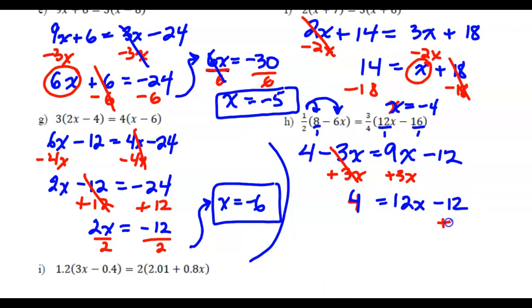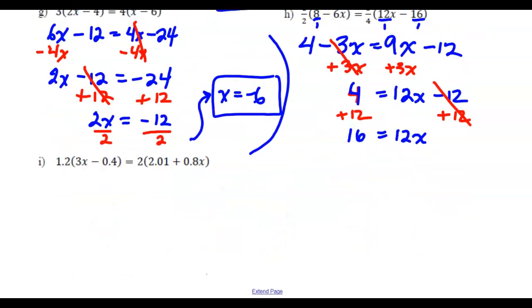Then add 12 to both sides. And divide by 12. Okay, so x equals 16 over 12.